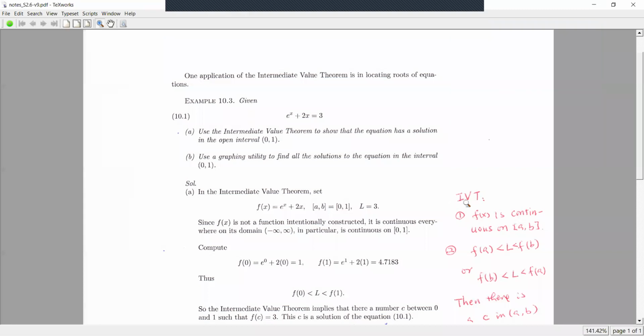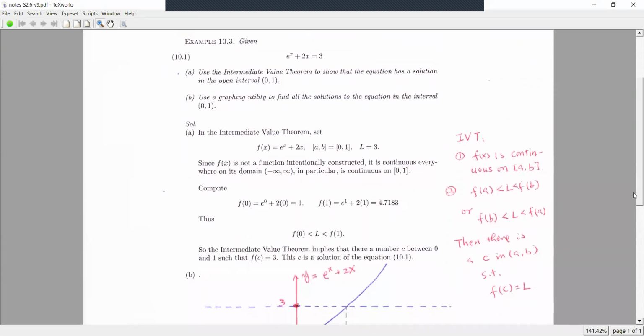The intermediate value theorem has two conditions. Condition 1, the function f should be continuous on the interval AB. Condition 2, the horizontal line L should lie between the function values at the two endpoints of the interval.